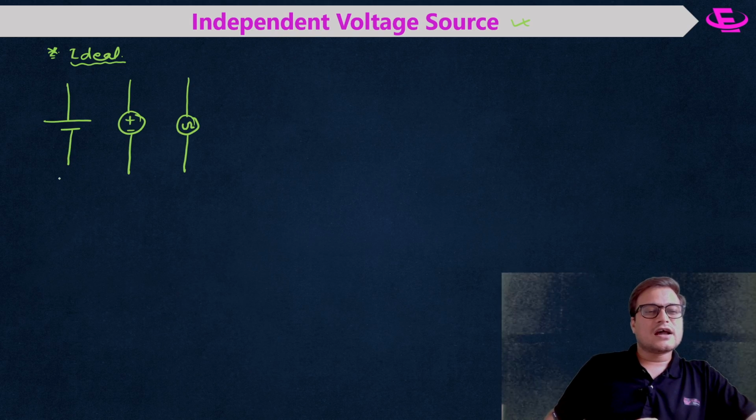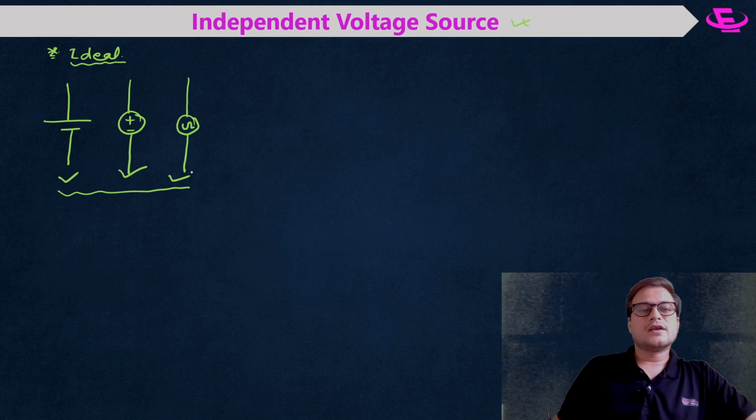So these three are the representations of the ideal voltage source. It is an independent ideal voltage source. Its value is fixed. I hope it is clear to you.